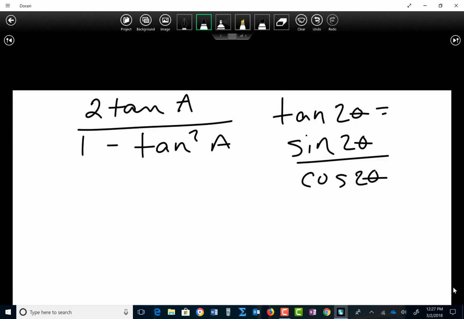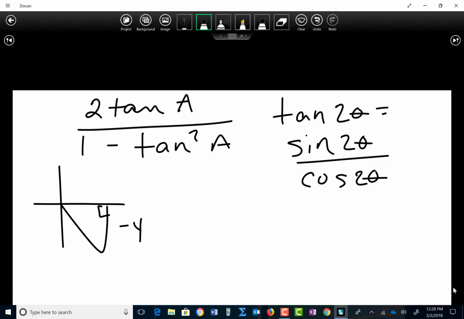And in this particular problem, I gave you the same setup for every single problem that you did. So if you go back and you look at your answers that you got for your sine of 2 theta and your cosine of 2 theta, you can divide those two and get your answer. But a lot of you use the formula, so I'll use the formula. So again, same setup.